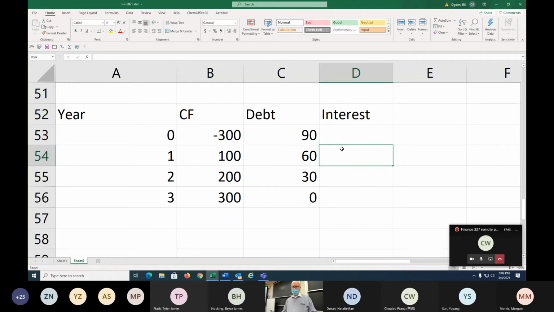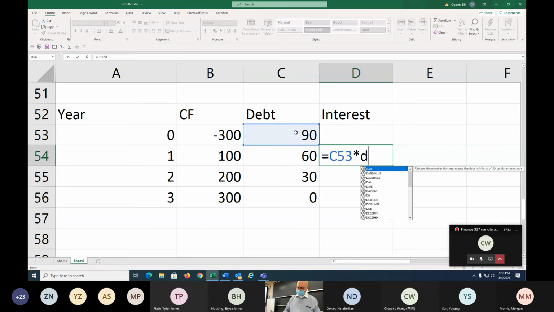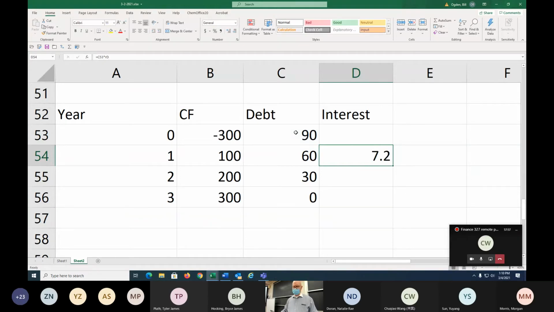Well, it's the amount you borrowed at the beginning of the year times the interest rate. RD. Okay, and how about our interest tax shield?